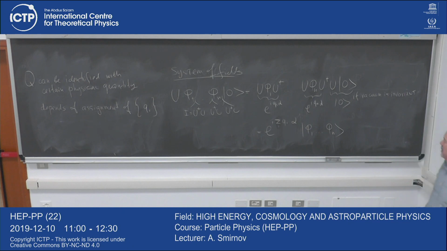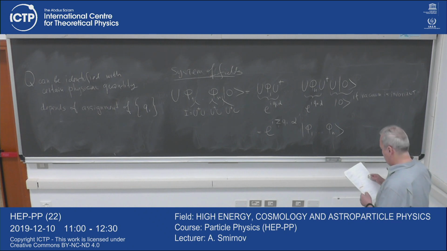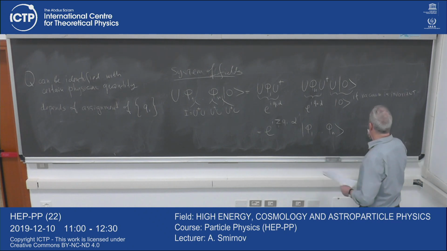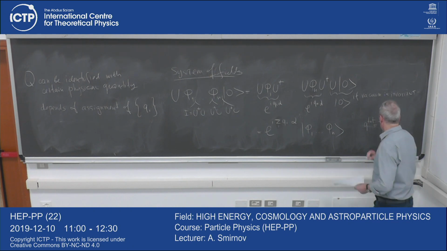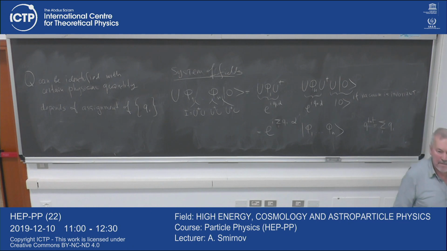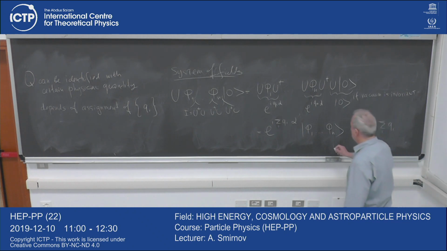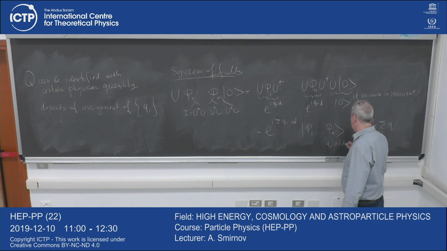So which means that the state composed of several fields is transformed according to Q total, which is the sum of Q_i. So Q_i are additive quantum numbers.